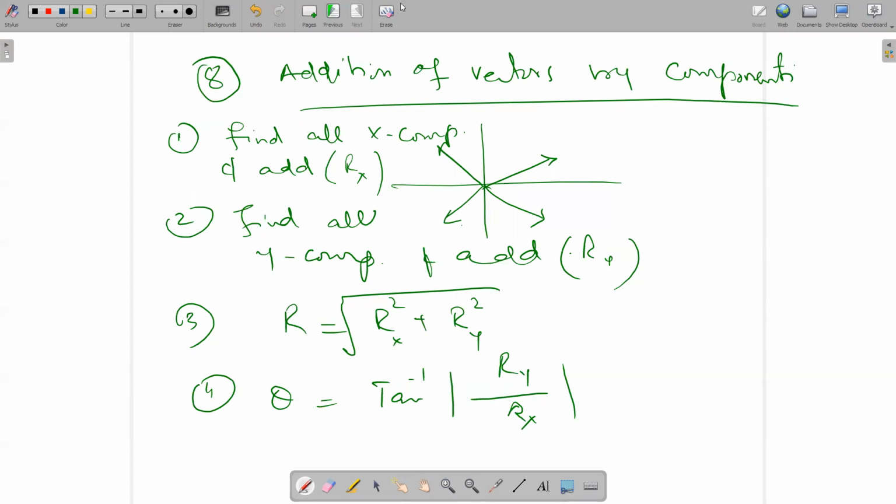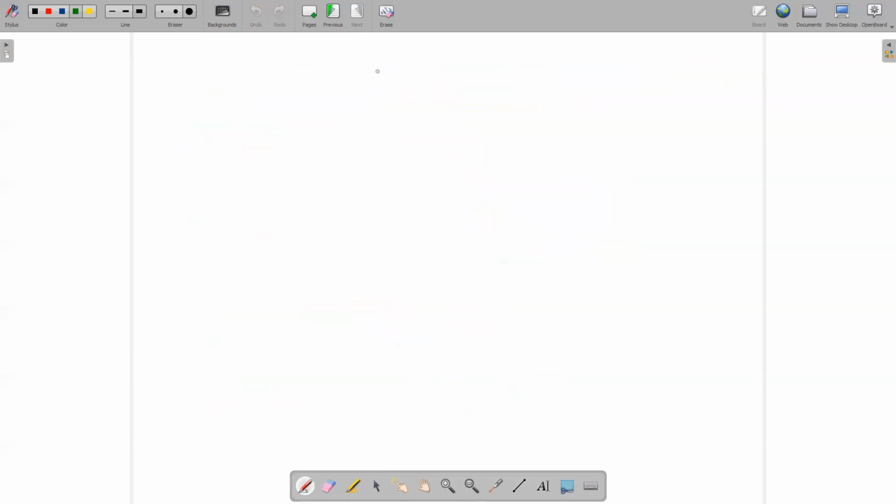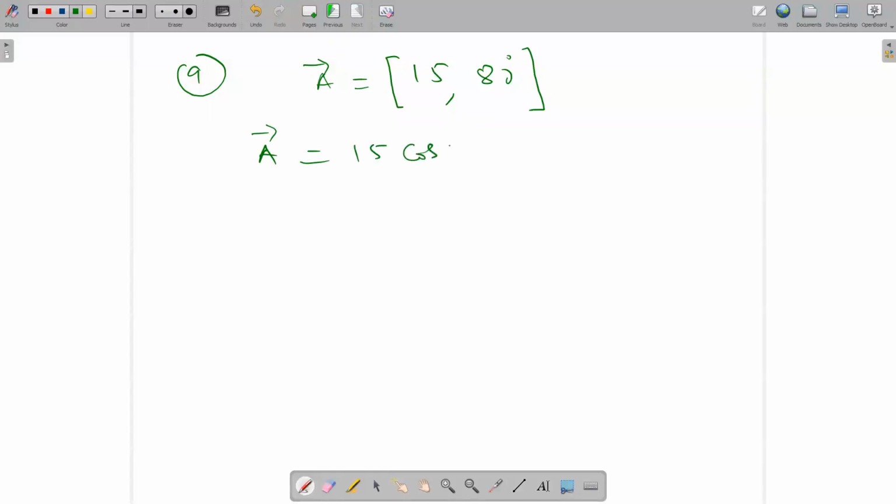But one thing which I discussed with you last time was, if we have a vector A written with some values, 15 and 80, you can expand this like this: 15 cos of 80 into the i unit vector plus 15 sine of 80 into the j unit vector.